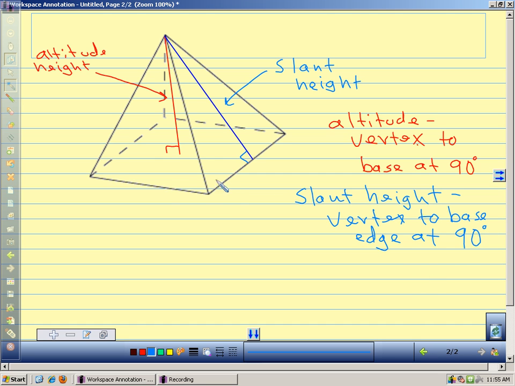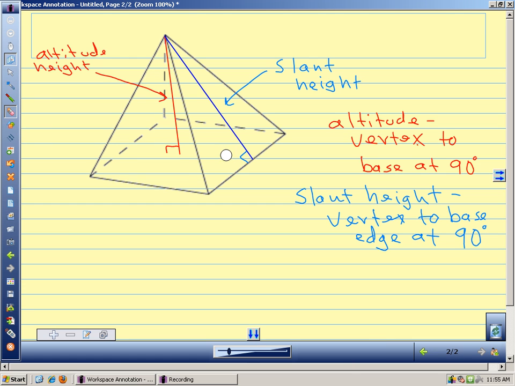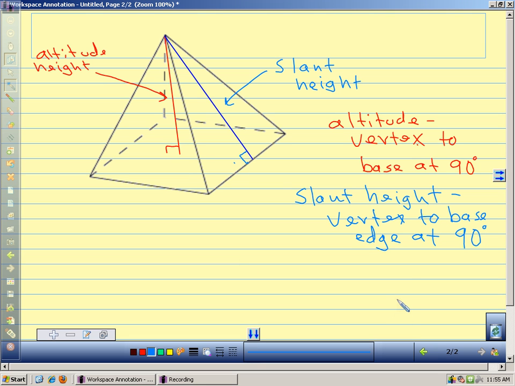We'll need these different parts in different parts of our formula. Questions on that drawing?